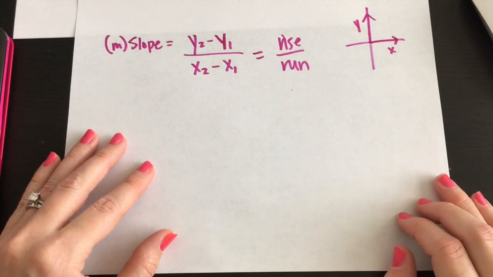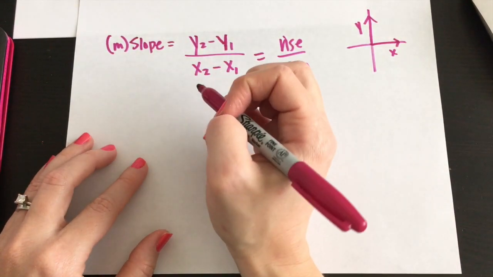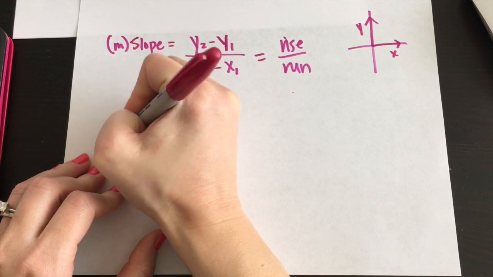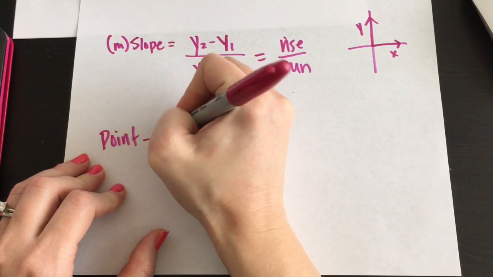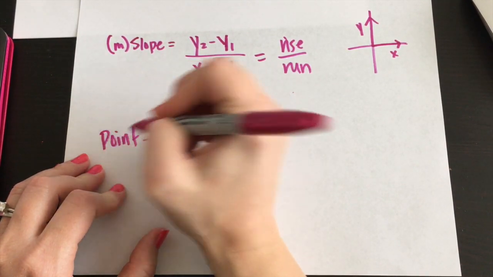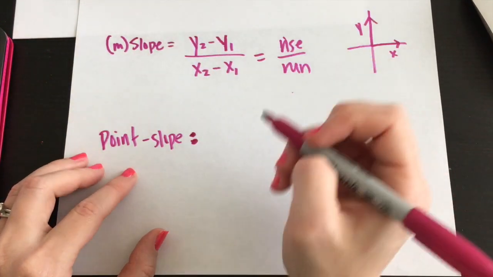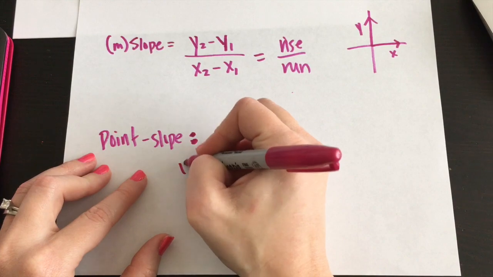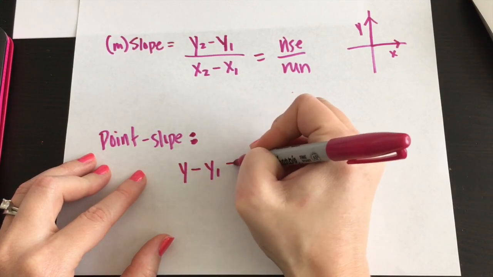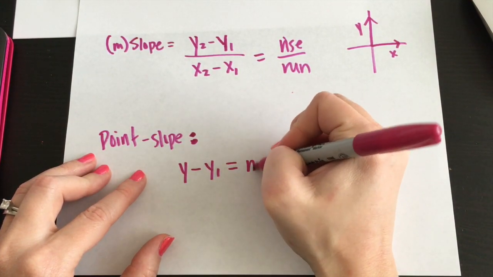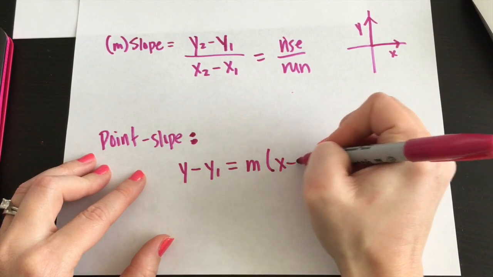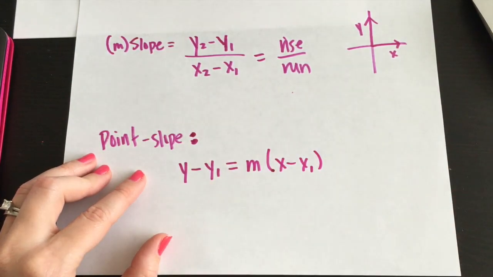You have another one, point slope, right? Point slope is going to be y minus y1 is equal to m times x minus x1.